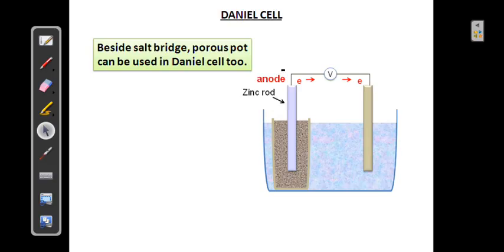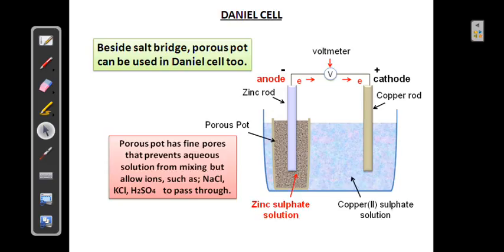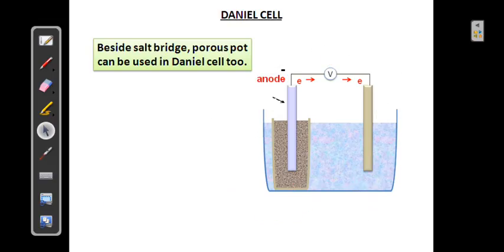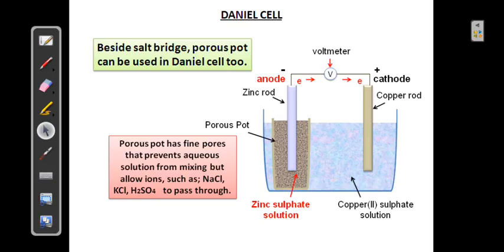So look at the anode, which is a zinc rod, and the cathode is a copper rod. Now the porous pot will contain zinc sulfate solution, whereas in the other part of the beaker the copper 2 sulfate solution is placed.